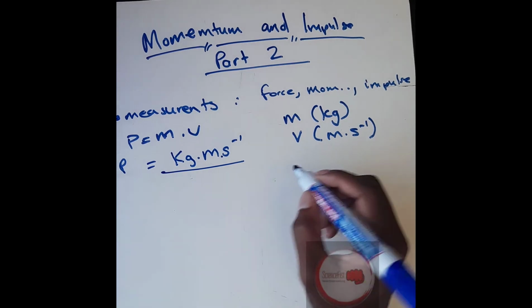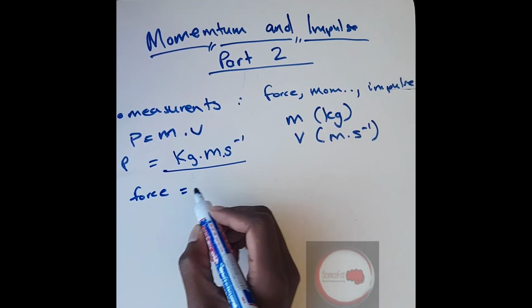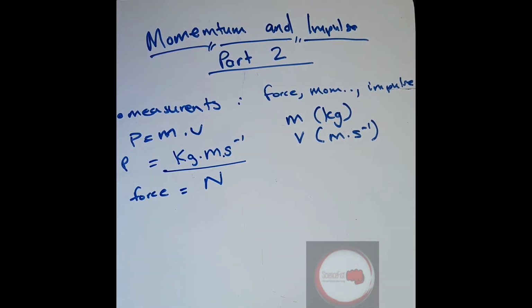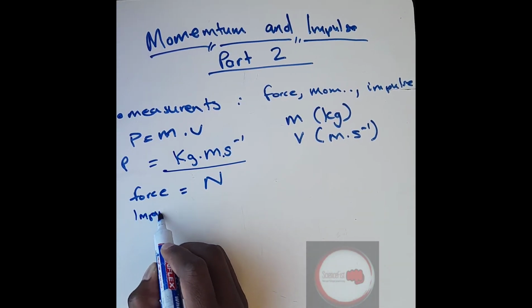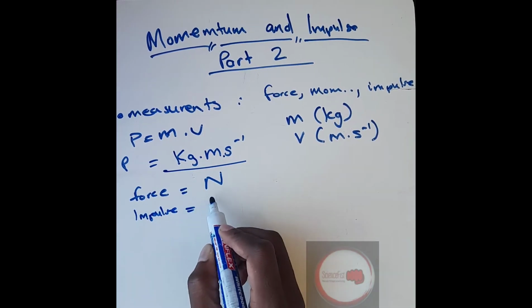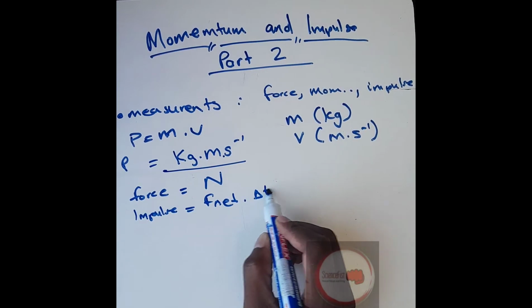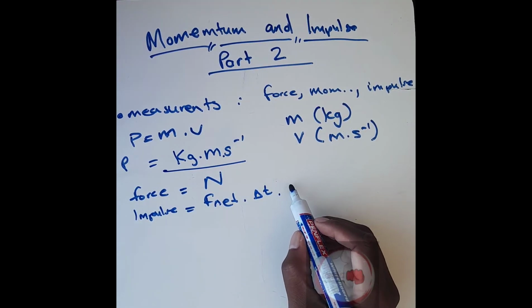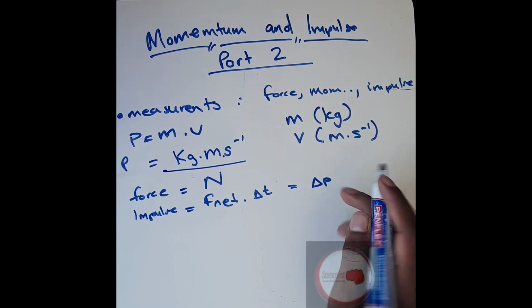For force, we know it's newtons. Impulse, remember I said impulse can also be the same as F net multiplied by delta t, which equates to change in momentum.